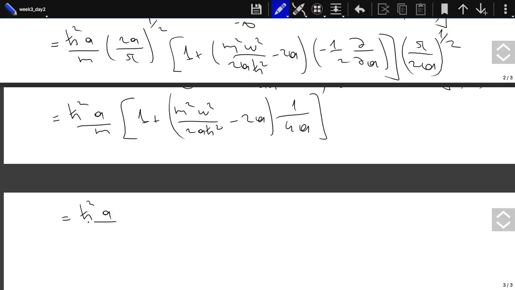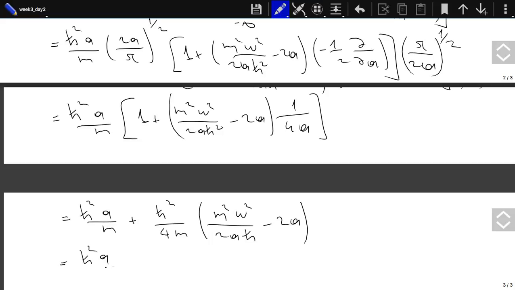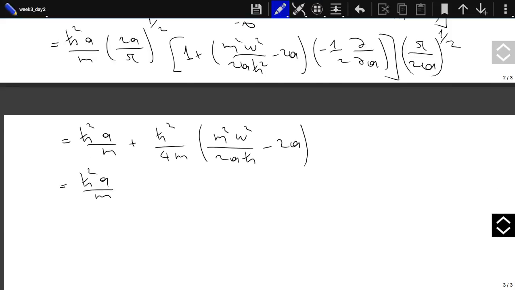This is h bar squared a over m plus h bar squared over 4m, m squared omega squared over 2a h bar minus 2a. Well, let's see, this is h bar squared a over m.